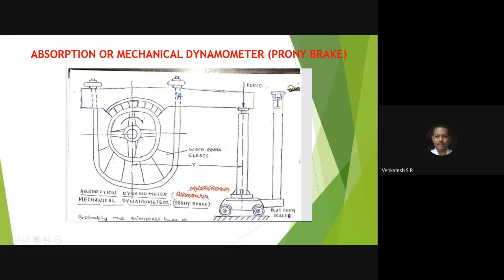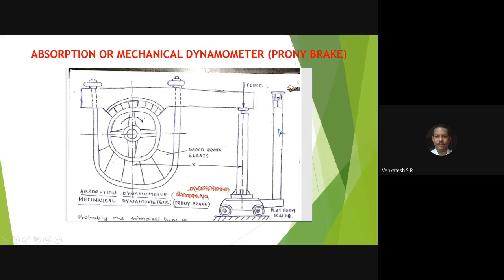Due to that, there will be a force coming from the running of the shaft that exerts force on the platform, which you can measure in terms of kg force. Usually, the torque is measured in terms of kg meter or kg centimeter.